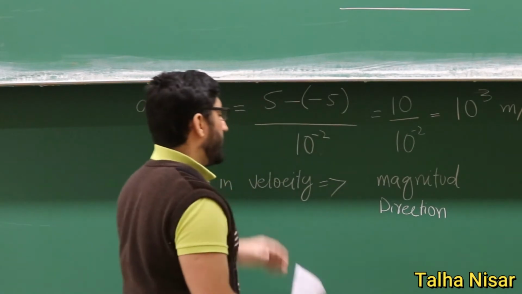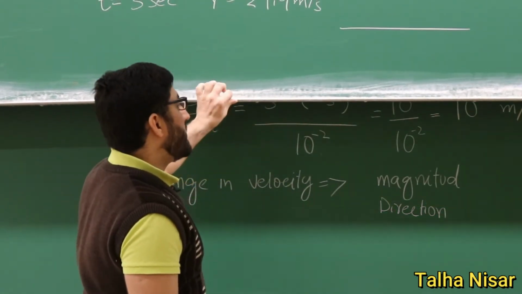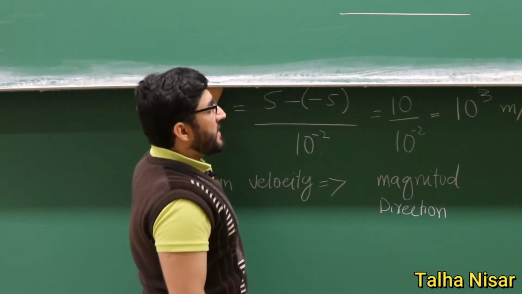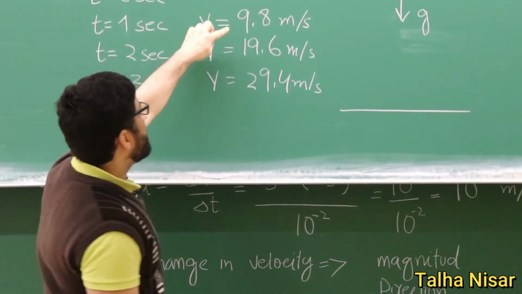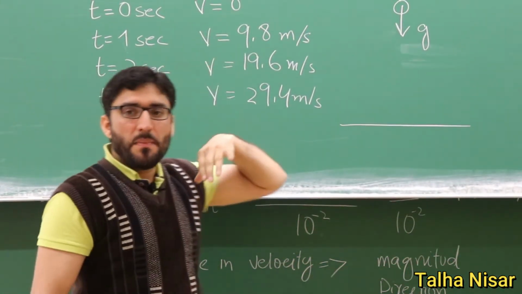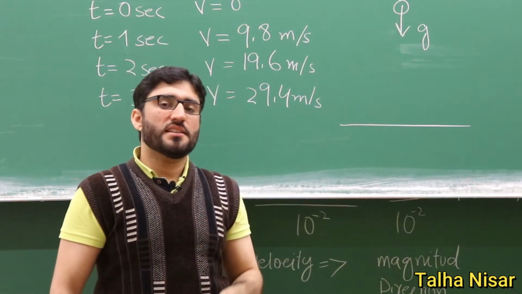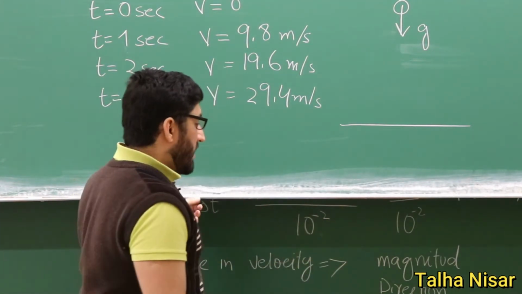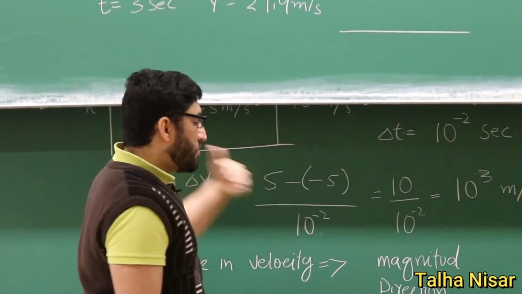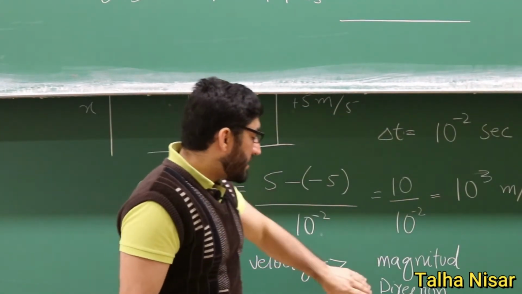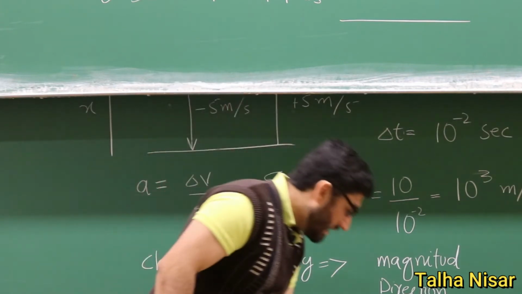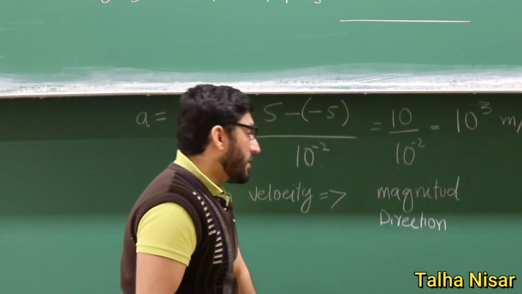For example, in the examples that we discussed here, the magnitude of the velocity is changing, that's why we have the acceleration. But if the magnitude is the same and the direction is changing, there will also be acceleration.